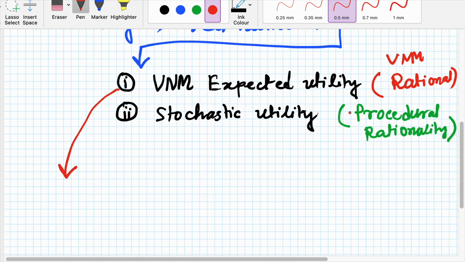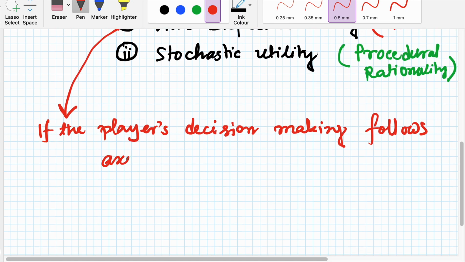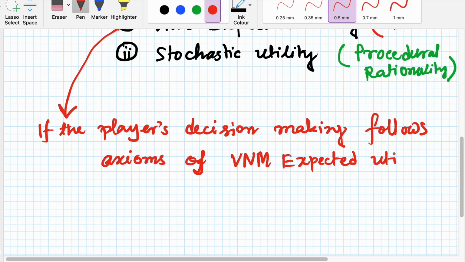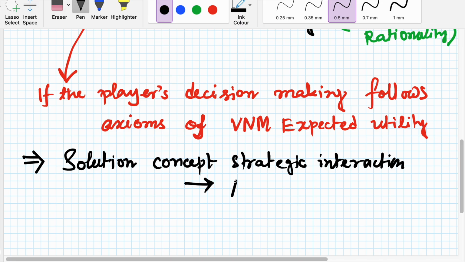Equilibrium concept associated with VNM utility: if the player's decision making follows the axioms of VNM expected utility, then we know the solution concept for a strategic interaction is Nash equilibrium.